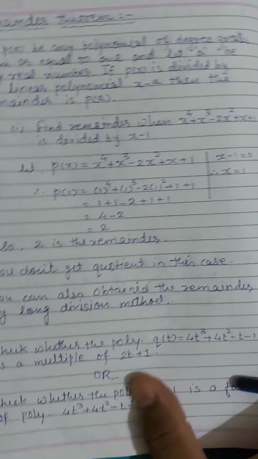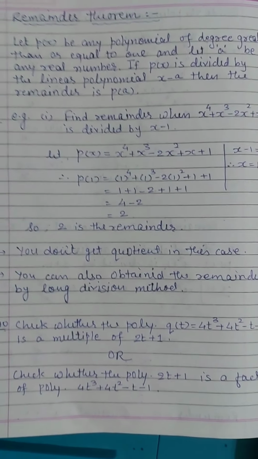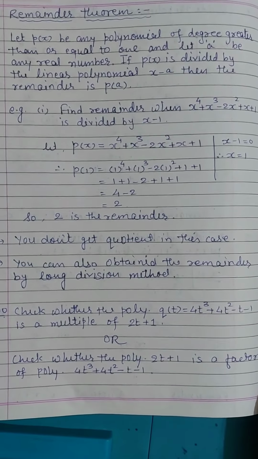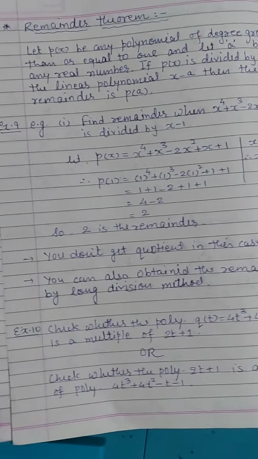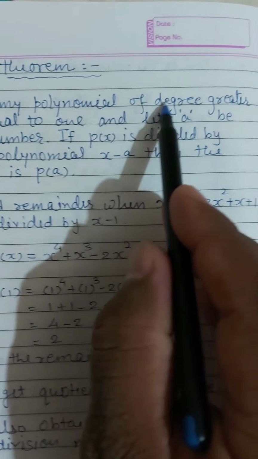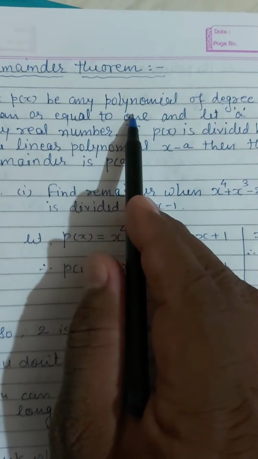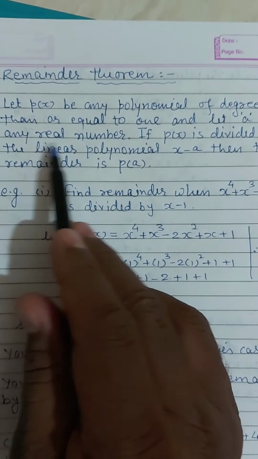Now the next topic, remainder theorem. First we have to see what is the statement of this theorem, and then I will try to explain what is the concept behind it, right? Remainder theorem. Let p(x) be any polynomial of degree greater than or equal to 1, and let a be any real number.